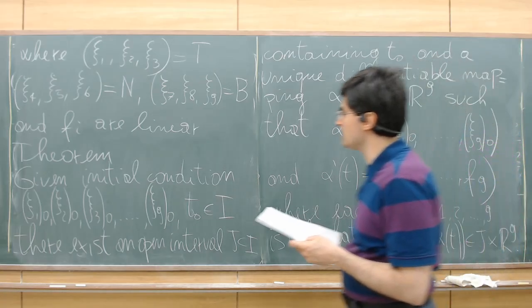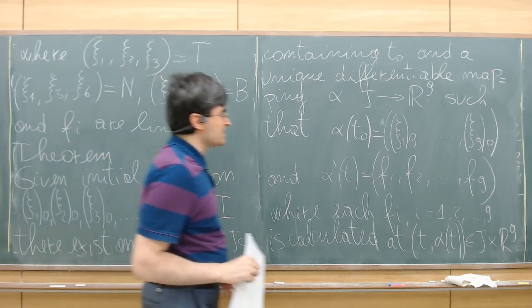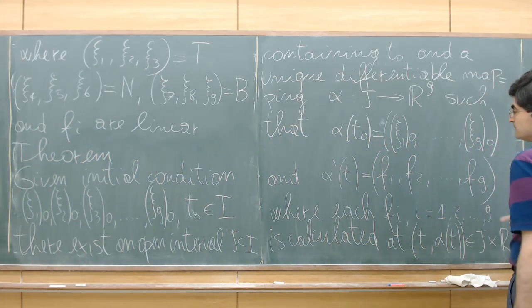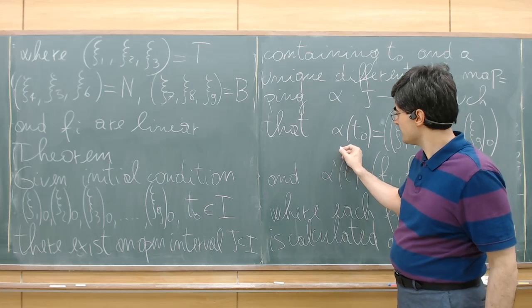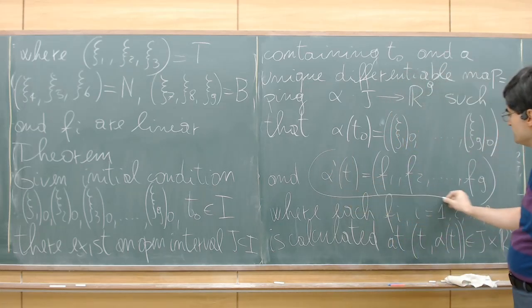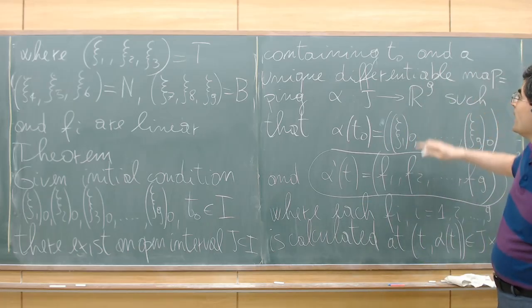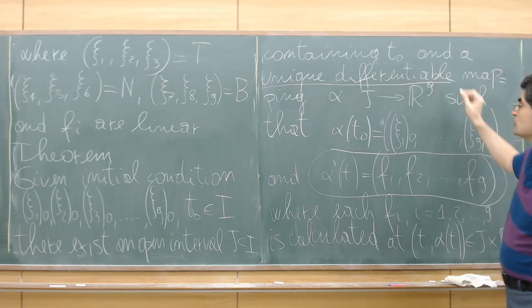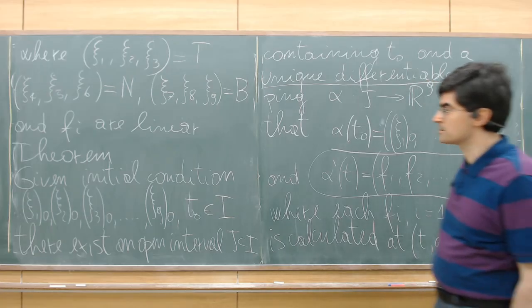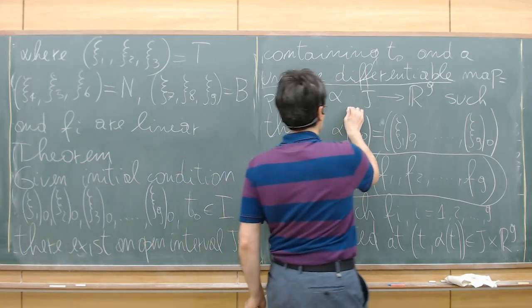So what is the meaning of this theorem? It says that the system of linear ordinary differential equations I raised, which can be written in this form, admits a unique differentiable solution once you fix the initial condition, which is this one.